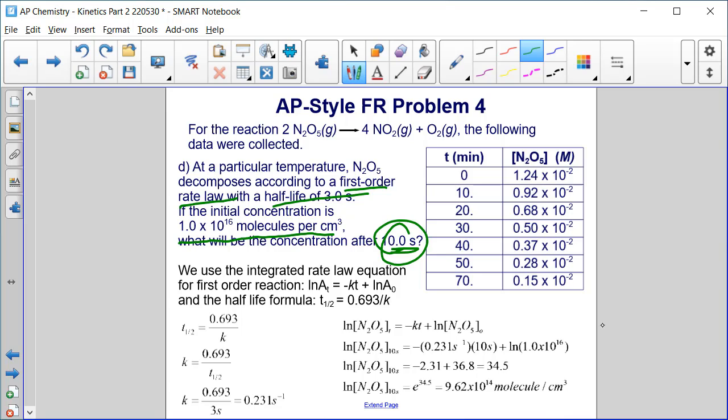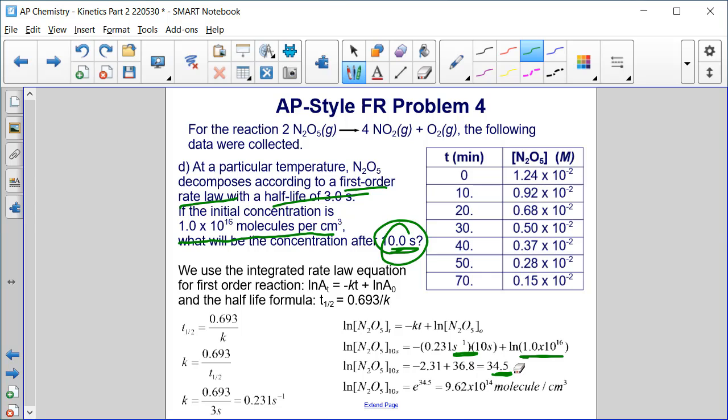It's just like moles per liter. It's a unit of concentration, and all it does is help us figure out our final units for concentration. So we get minus 2.3 from this term and 36.8 from this term, which is 34.5. So the natural log of the concentration at 10 seconds is 34.5.